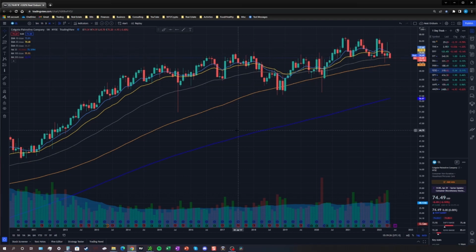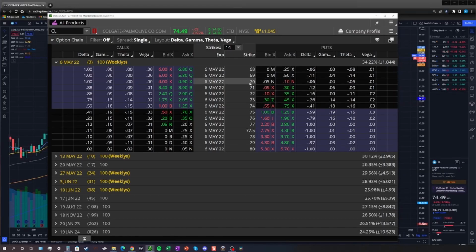Now, if you want to know how much capital is required to put up for the wheel strategy, a quick way you can do it is look at the stock price, multiply the stock price by 100 and then multiply that by how many contracts you are looking to sell. But if you're looking to get a little bit more precise, you would want to figure out the strike price that you are wanting to sell.